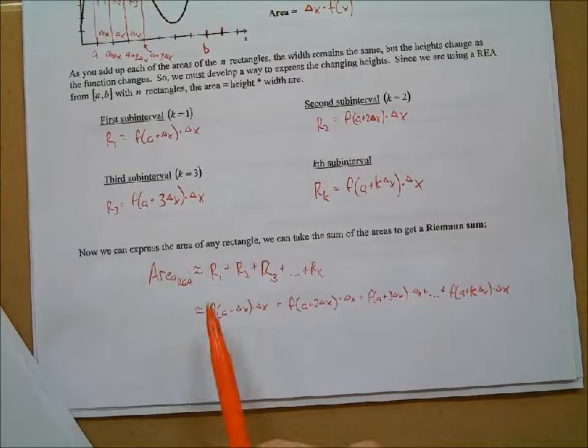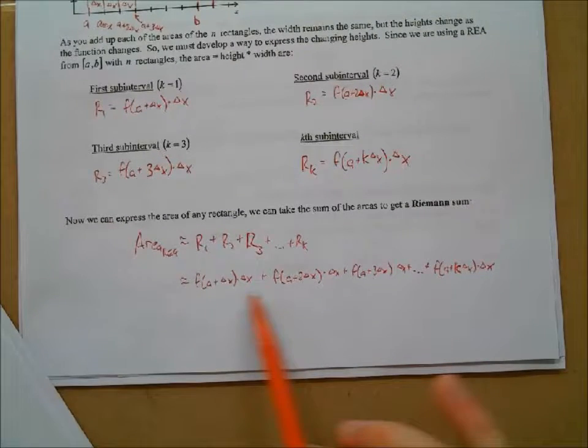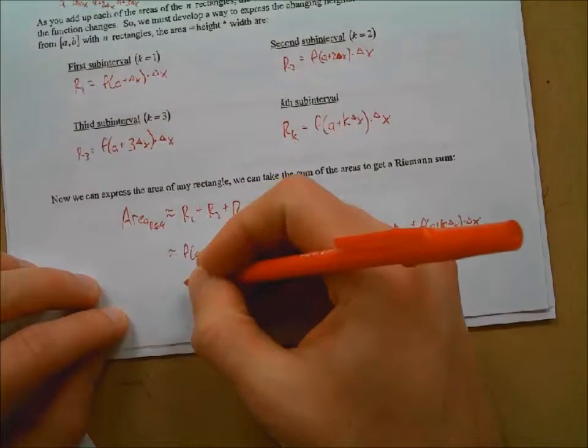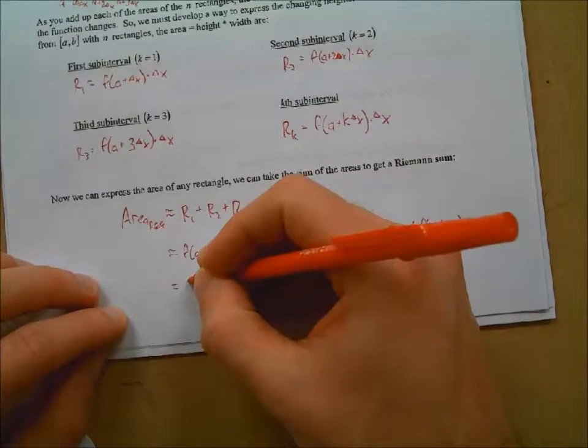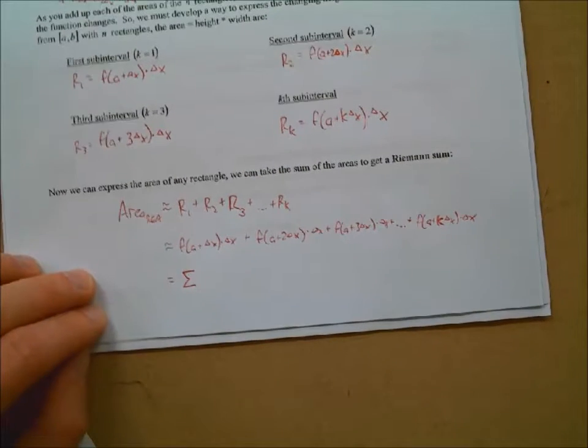Okay, so again, if we want to find the area of this whole region, we would add up these rectangles. But when we add up things, we have a notation for that, and it's summation notation. So we can say that this is the same thing as the sum, remember the sigma symbol there?